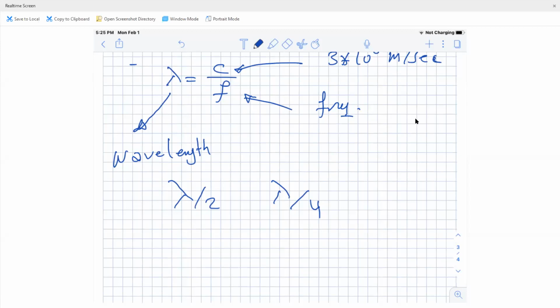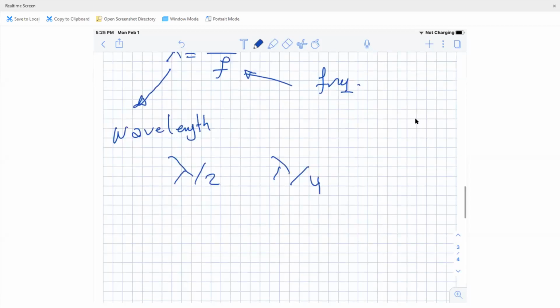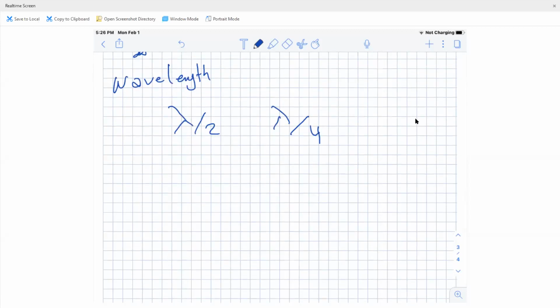Now let us talk about this kind of signal. For example, say we are going to use a lambda by 2 antenna, and we are going to receive a signal which has a frequency of 1 kilohertz. F naught is equal to 1 kilohertz. So let us determine the wavelength for this signal.